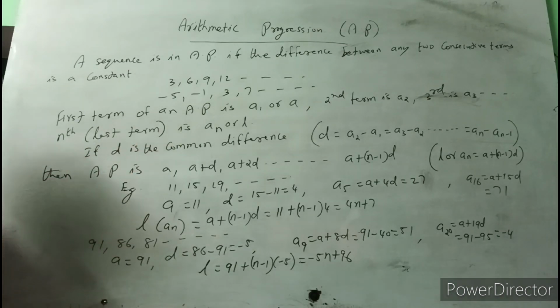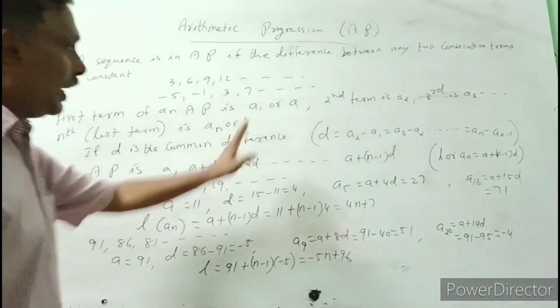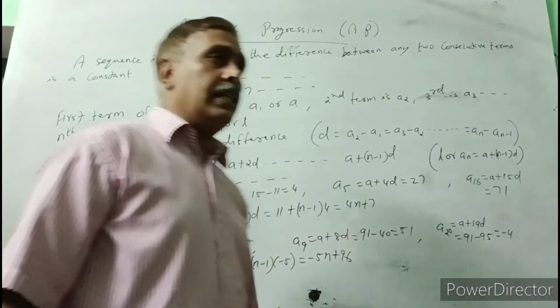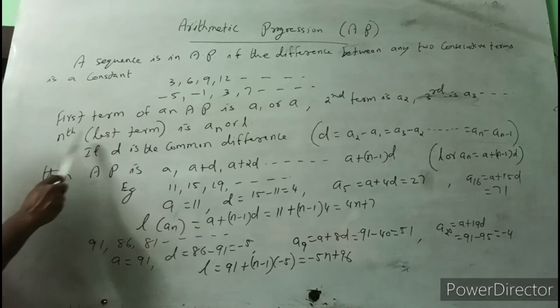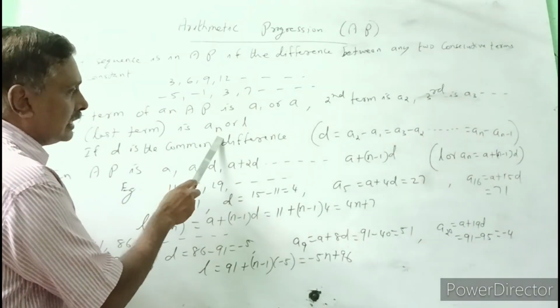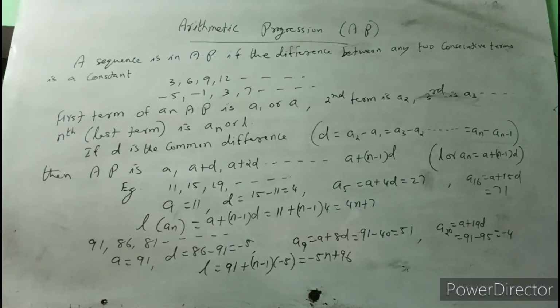The first term of an AP we are taking as A1 or A, the second term as A2, the third term as A3, etc. The nth term or last term of an AP is denoted by AN, A suffix N, or L. L means last term.